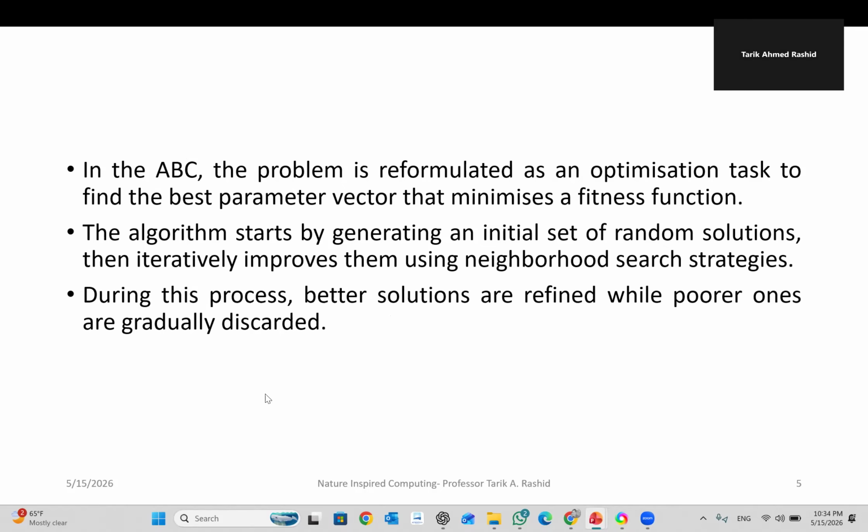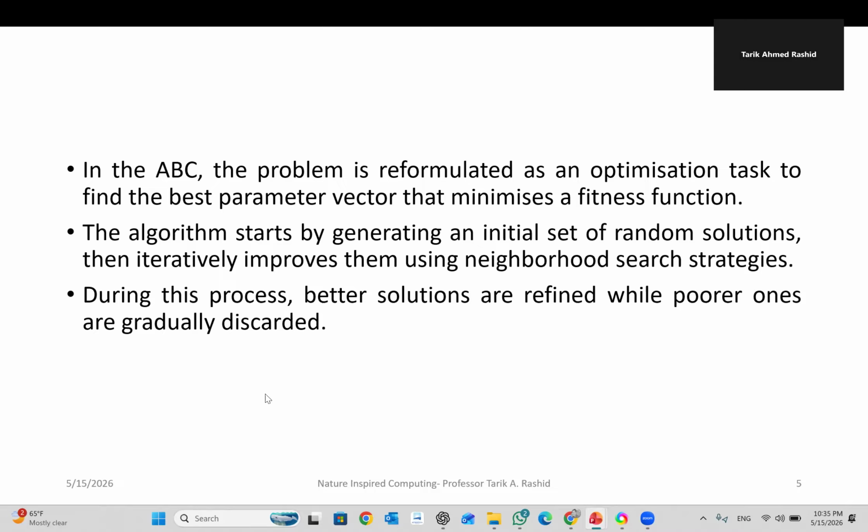In ABC, the problem is reformulated as an optimization task to find the best parameter vector that minimizes the fitness function. ABC starts by generating an initial set of random solutions, or individuals or agents, then iteratively and repeatedly improves them using neighborhood search strategies.